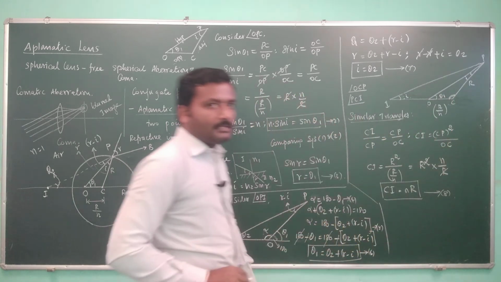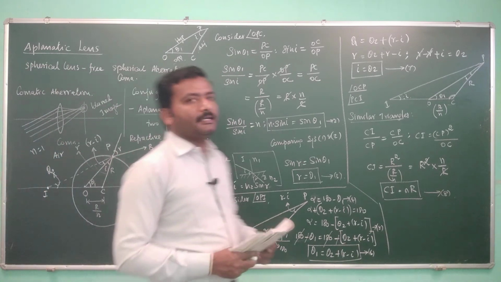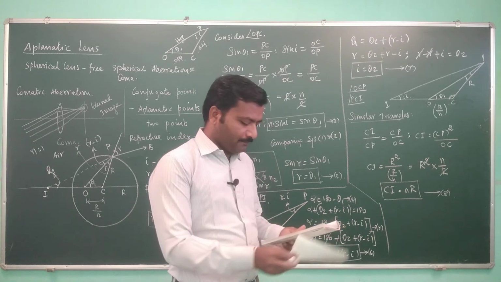Right? So now we have removed theta 1 and theta 2 by equating them with the angle of incidence and the angle of refraction.